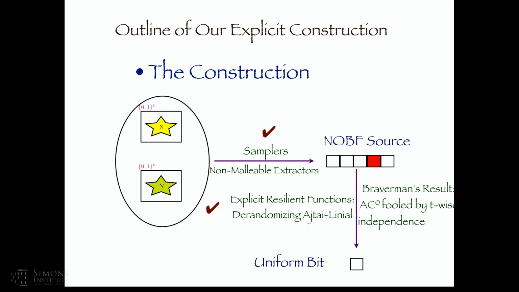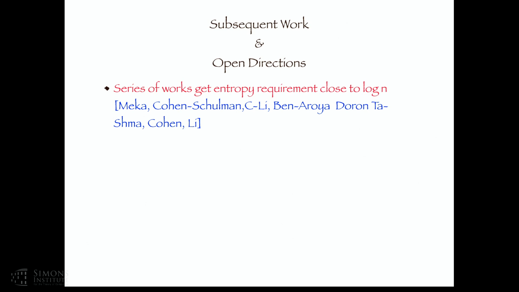All right, so applying these things, on this source, you get the uniform bit. Well, there has been a lot of subsequent work with a lot of new ideas and old techniques, which improves the min-entropy requirement. Ours was log to the power 75, and now the best work is some constant times log n times log n.